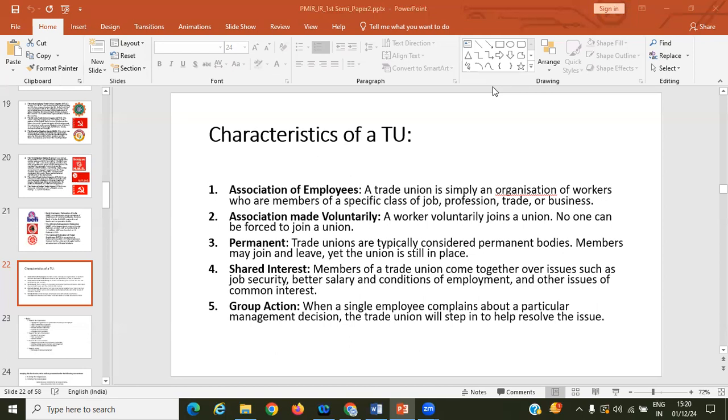So the union has more bargaining power, more strength in those contests. That's why it is called group action. There are so many people in the group, in the union, representing you, complaining as a group activity.